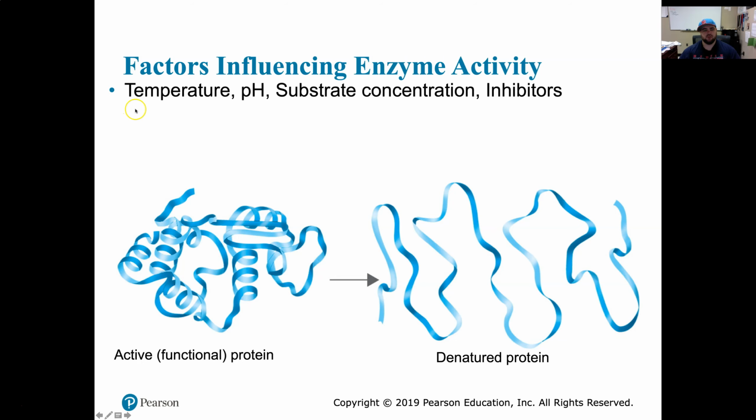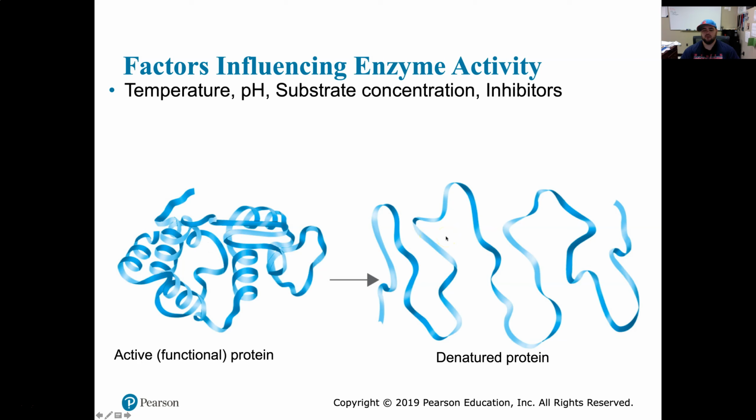Now, this shows you that with enzymes, just like I mentioned with proteins in general, temperature affects enzymatic activity. This image shows generally how this protein has folded properly, it's in its functional shape, it's working perfectly fine.